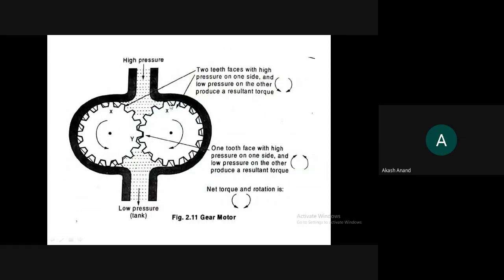You can see the mouse pointer here. This is the face of the gear, and the inside depth, the thickness of the gear, is the face of the gear.